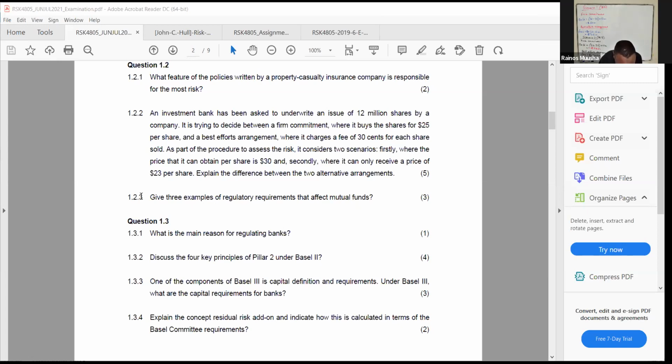On question 1.2.3, they say, give 3 examples of regulatory requirements that affect mutual funds. So they ask us to give 3 examples of regulatory requirements that affect mutual funds.